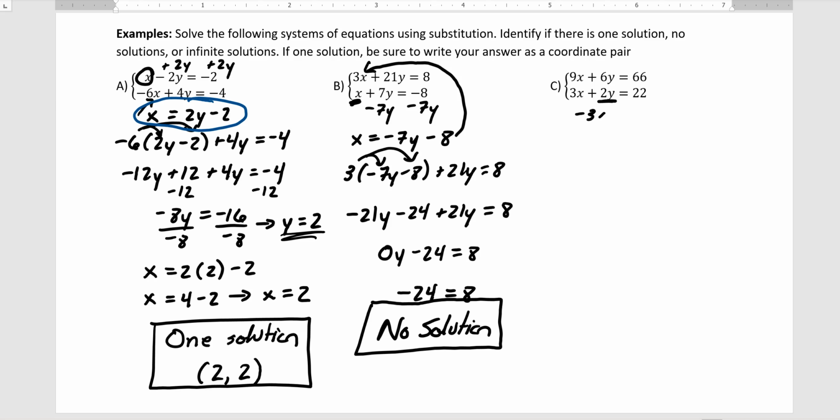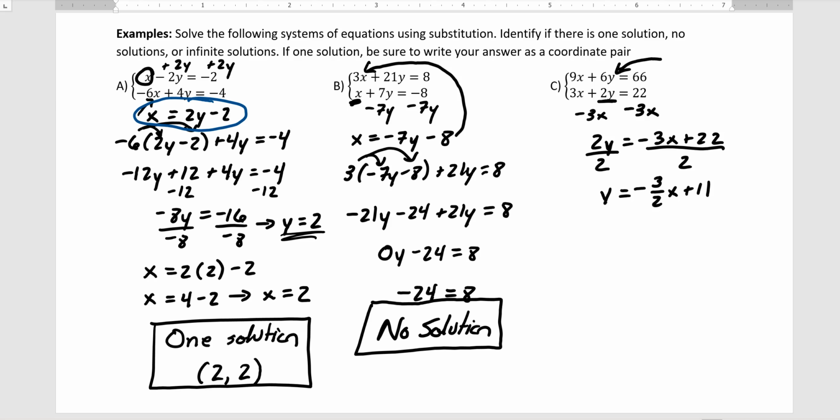So I'm going to start by subtracting 3x from both sides. So I'll say 2y equals negative 3x plus 22. And then I'm going to divide everything by 2. So I'll say y equals negative 3 halves x plus 11. So let's plug that into this top equation here.